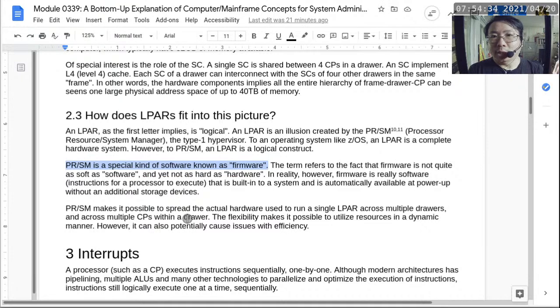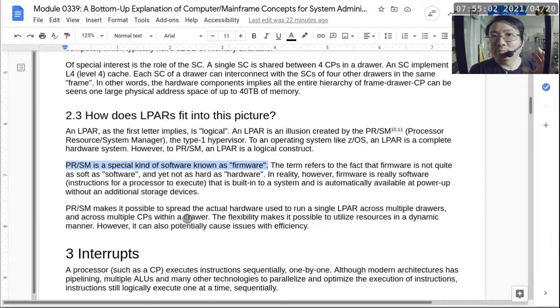Now, is it a good idea? Well, it kind of depends, because each drawer has proximity to its DIMMs. When we need to access things across different drawers, you have to rely on the SC, or system controller, so that the drawers can communicate with each other.